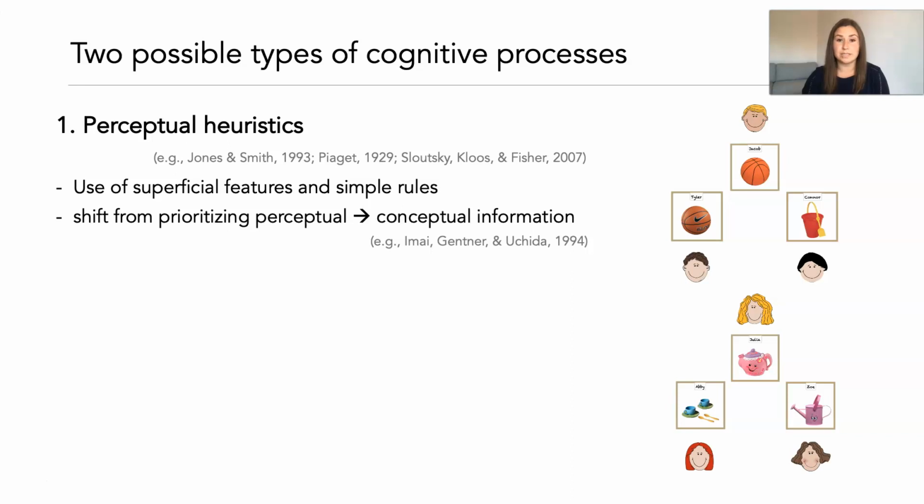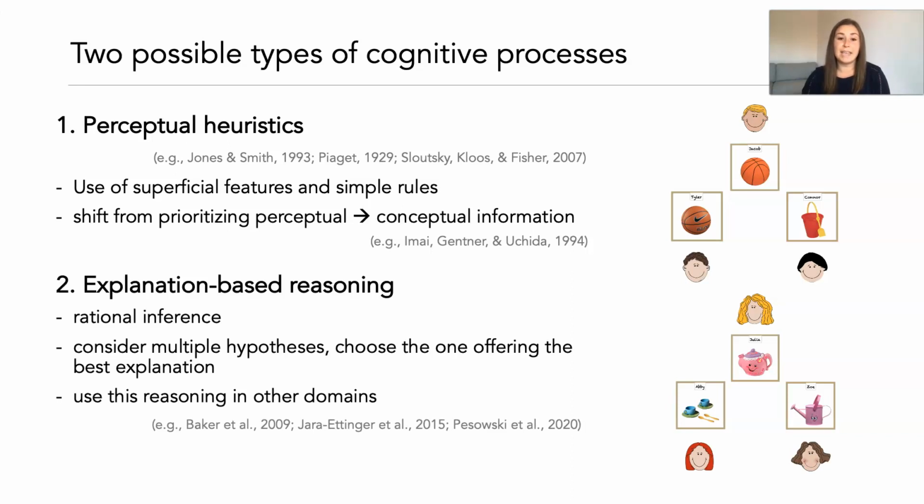And this leads us to the other possibility, which is that children make inferences through explanation-based reasoning. Under this account, we consider multiple hypotheses to explain observed data, which in this case is why people own similar objects. And then we choose the hypothesis that offers the best explanation.